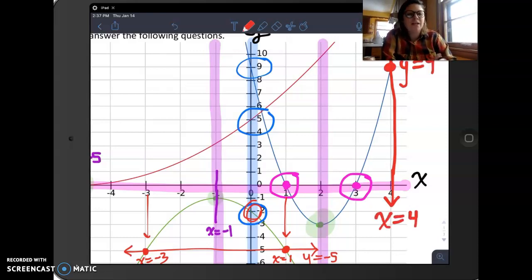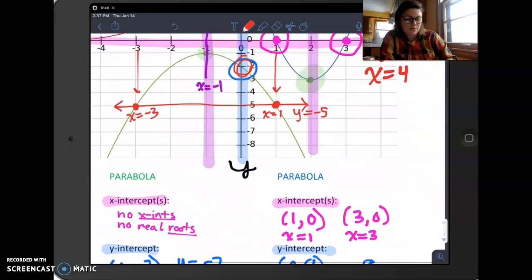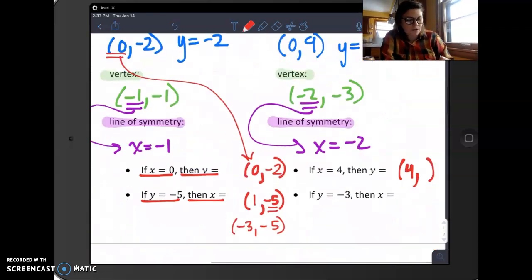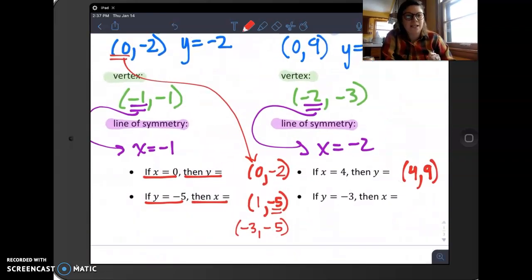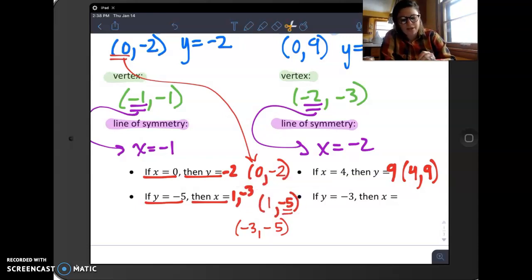So the point that is on the graph at x equals 4 is at y equals 9. So coming down here again, we'd say 4, 9 is the answer to that question. You could also just put 9 right there, just like you could do that for all of this. For this one, you'd have to put 1, and then you could do -3 or something like that if you wanted to.